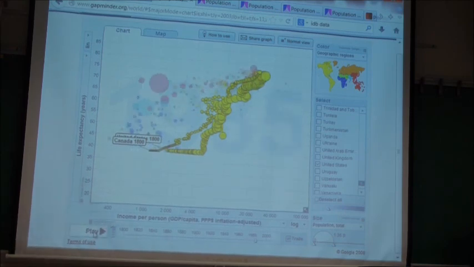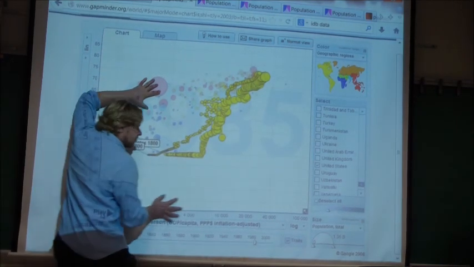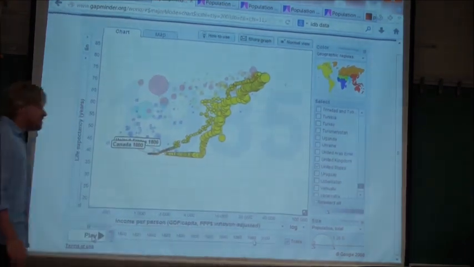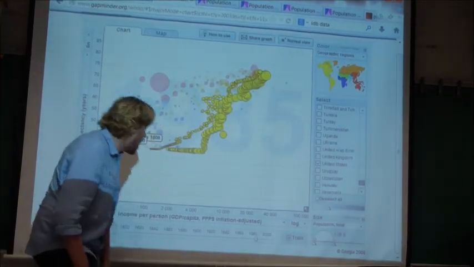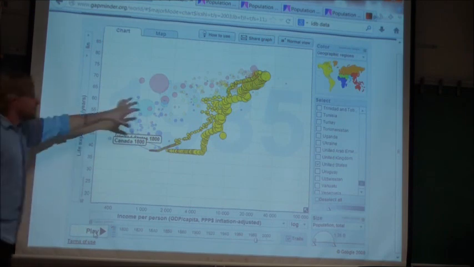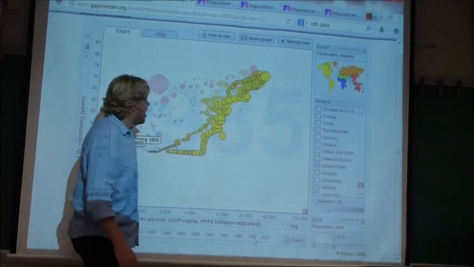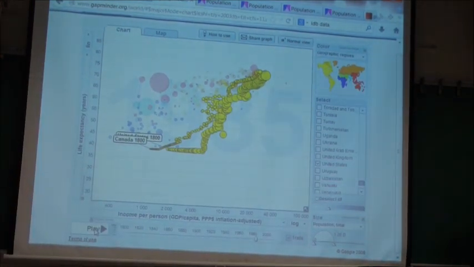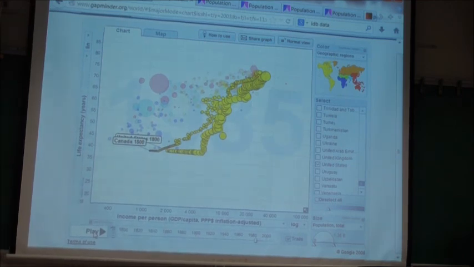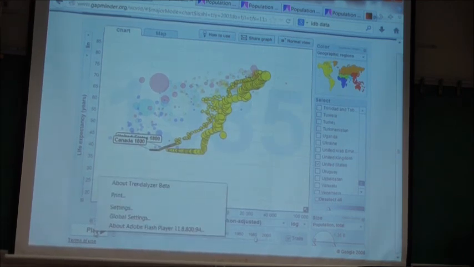If I kind of stop it there, you can see China and India, as far as wealth, are way behind at this time, 1980, compared to Canada, United States, and the other developed countries that we would think of as Europe. Now let's see what happens here more recently. See if they kind of quickly jump over.